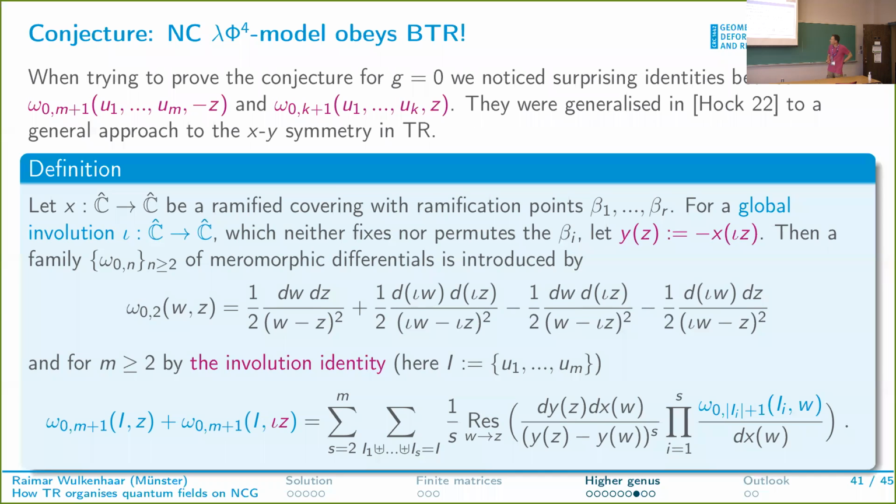So we tried to work it out, and then we noticed that there is, in this particular case, an interplay between the omega 0,m's. You always distinguish one variable, and if you reflect z to minus z, then there are relations.